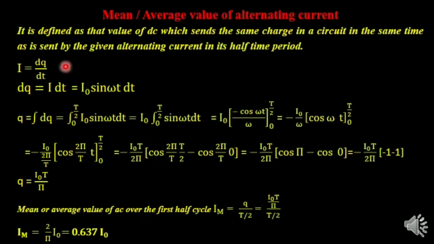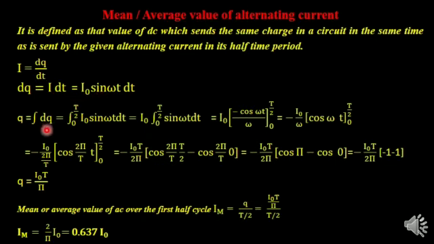Since I equals dq divided by dt, the charge flows in time dt is dq equals I dt. But we know I equals I0 sin omega t. So dq equals I0 sin omega t into dt.